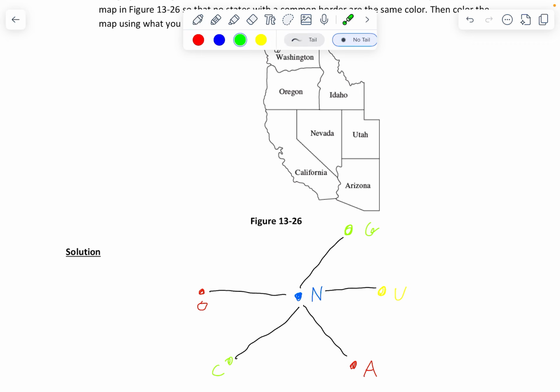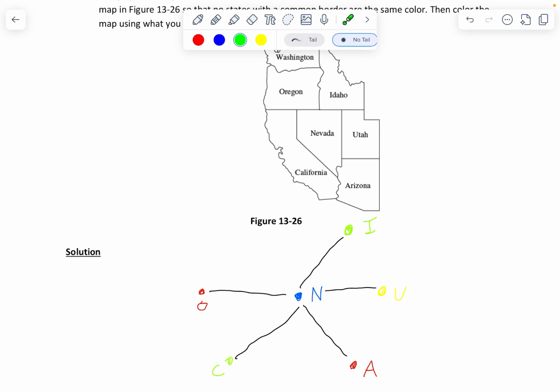That is green, and this is I for Idaho, right? So Nevada borders Idaho, Utah, Arizona, California, and Oregon, okay? And notice that we don't have any two colors that are directly connected to each other, right? So that looks like that works okay.